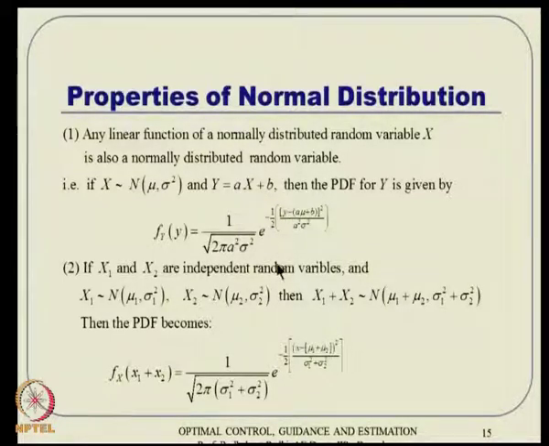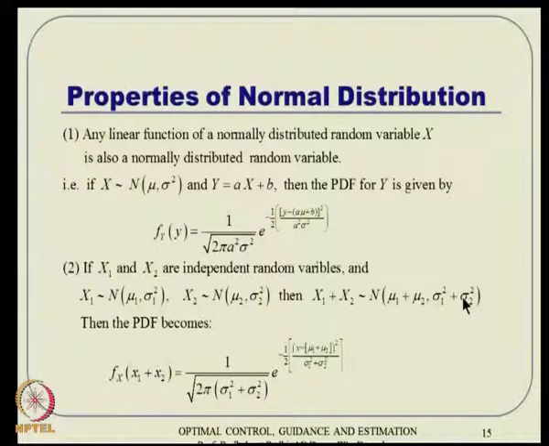Okay, that is one thing. The other thing is, let us say x1 and x2 are 2 independent random variables with these characteristics. That means x1 has mean value mu1 and variance sigma 1 square. Similarly, x2 has mean value mu2 and variance sigma 2 square. Then x1 plus x2 will satisfy this: its mean value will become mu1 plus mu2 and its variance will become sigma 1 square plus sigma 2 square.